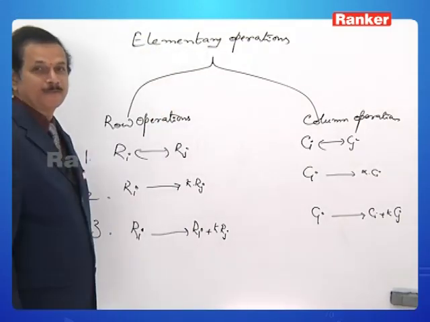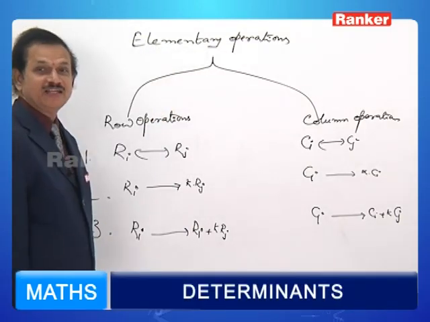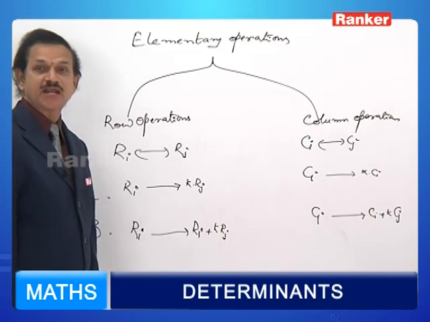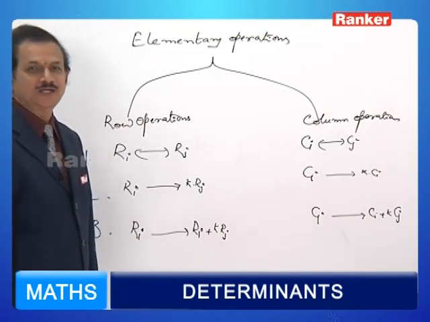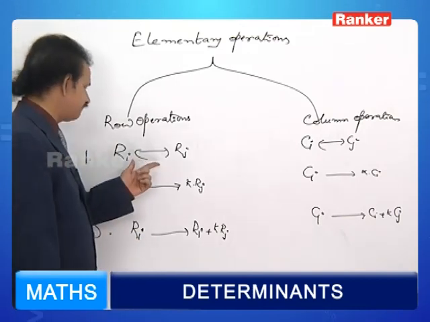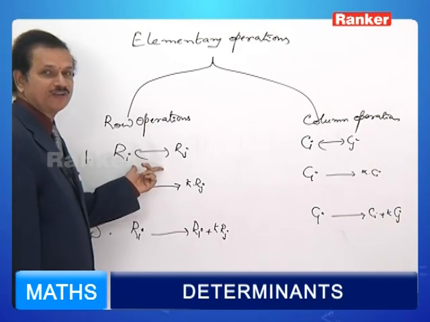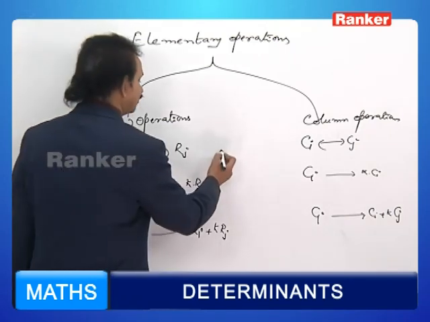Well, my dear, let us understand the effect of these operations in view of determinant. In a particular determinant, if ith row and jth row are interchanged, the determinant will get opposite sign.